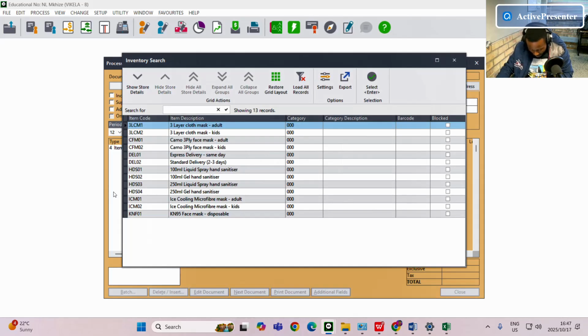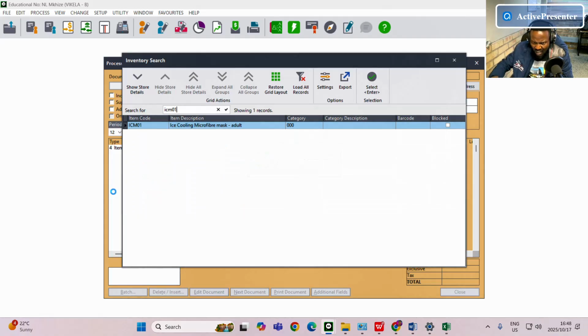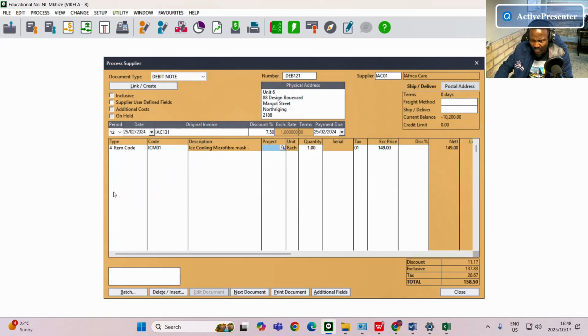Right. Then I return ice cooling microfiber, which is single, adult. So that's ICM01, I think. Yep. It's three.